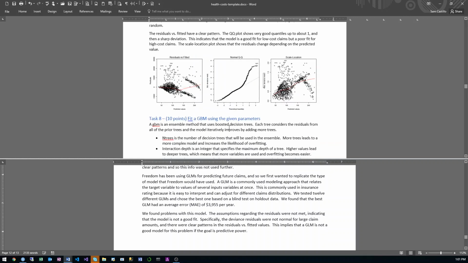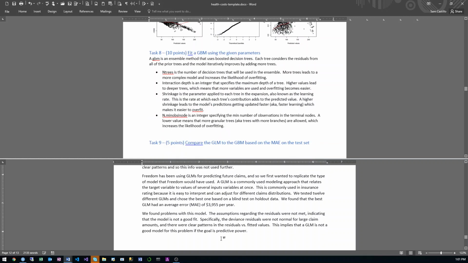Right, and now we looked at a GBM. This is a powerful ensemble method which combines the results of hundreds of individual decision trees into a single model.